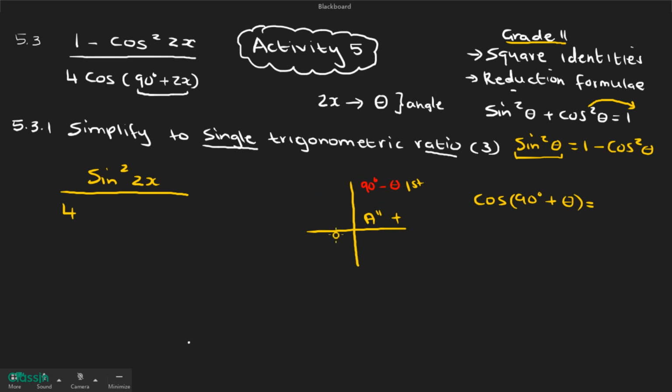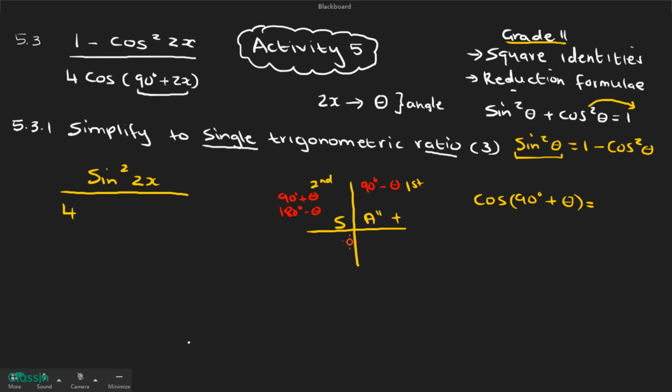Then in the second quadrant, we have sine, and in this quadrant we have 90 degrees plus theta and 180 degrees minus theta. So if I see 90 plus and cos, it means that cos is not supposed to be positive here.